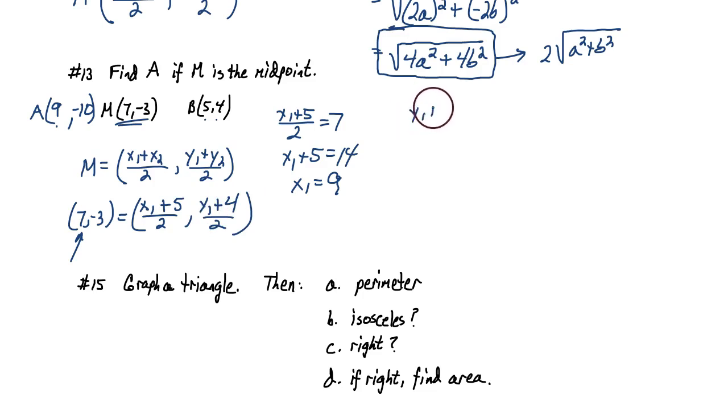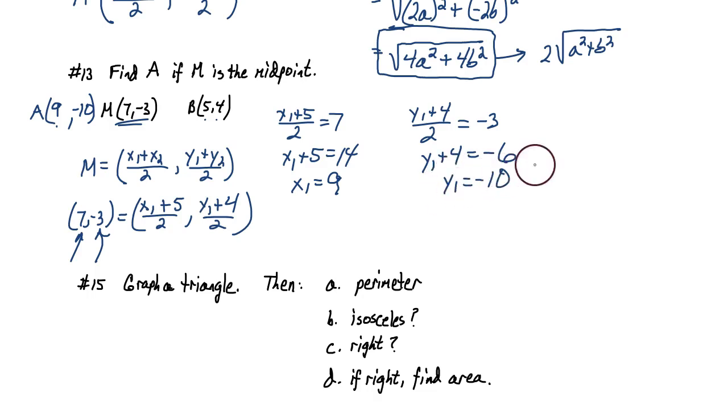So y1 plus 4 divided by 2 is equal to negative 3. To solve this, you would first multiply by 2. So now you have negative 6 over there, and then you would subtract 4 from both sides, getting negative 10. So I have the same answers that I figured out in my head.